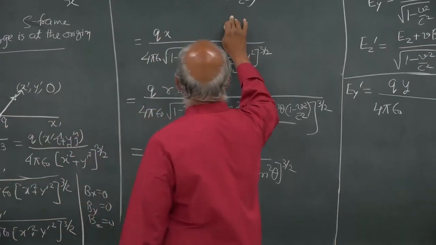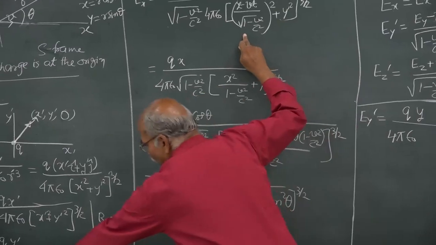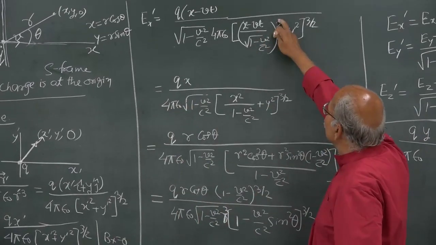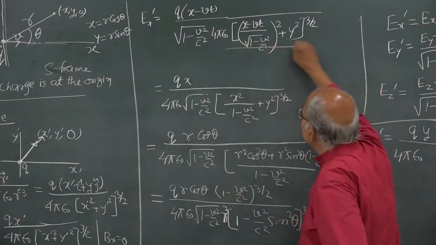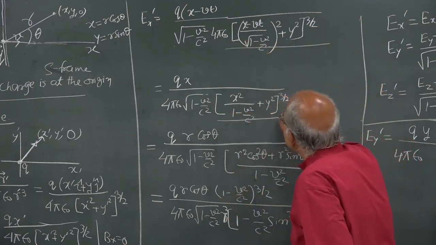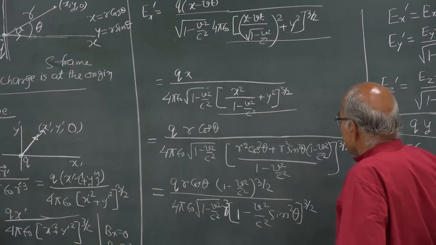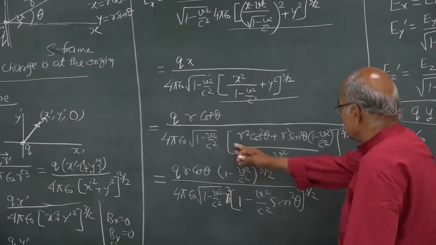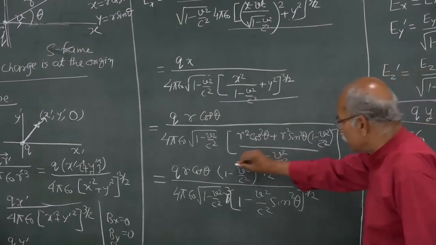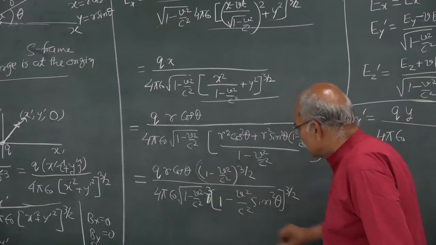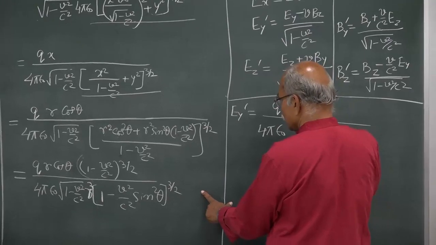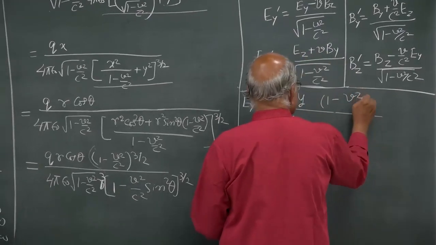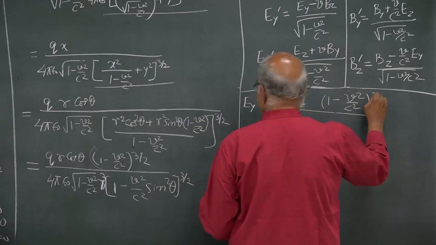Okay, that is just this thing. This same thing I have written here, (x prime square plus y prime square) to the power 3 by 2, and that simplifies to this here, and that simplifies to this here, and that simplifies to this here. So, let me write directly. This is (1 minus v square by c square) to the power 3 by 2.